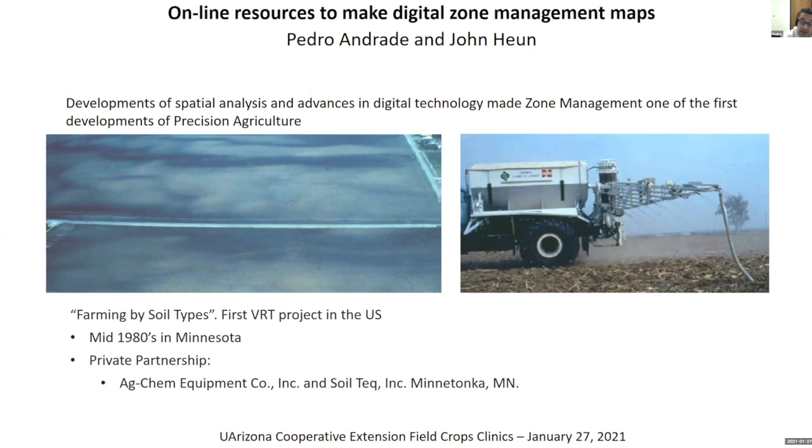It is considered the first technology built on a site-specific basis. Then, the first project ever to be done in the United States about variable rate technology was called Farming by Soil Types, out of Minnesota. This was in the mid 80s, and it was very interesting.